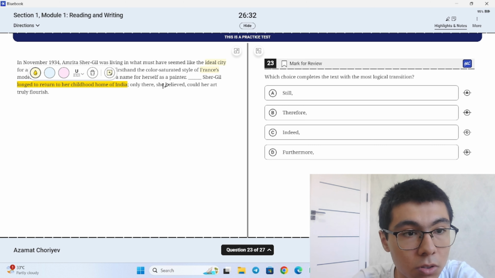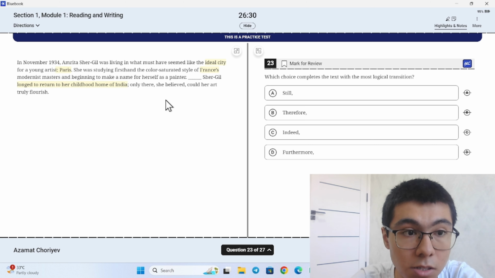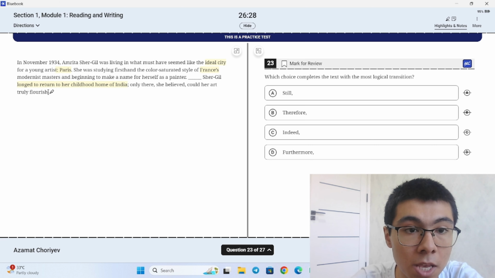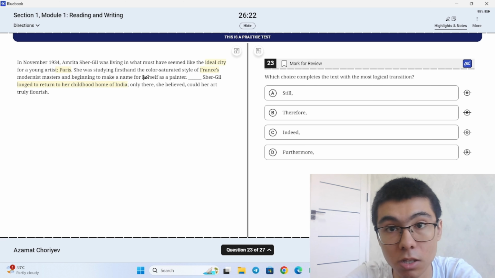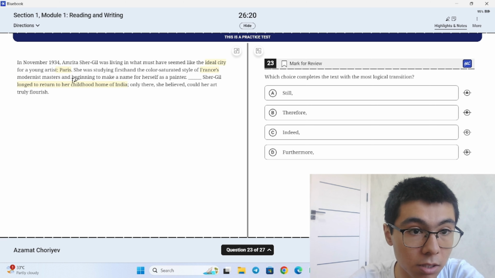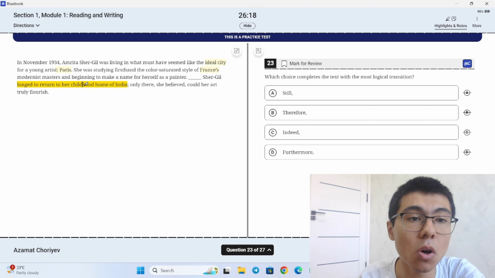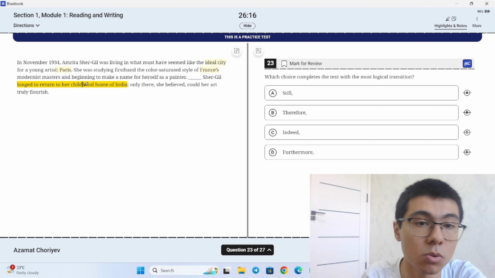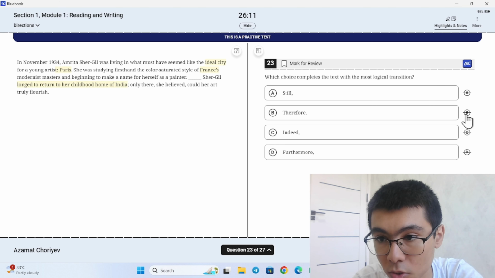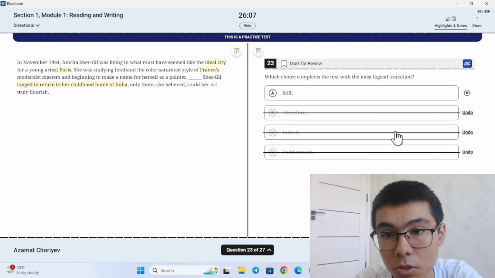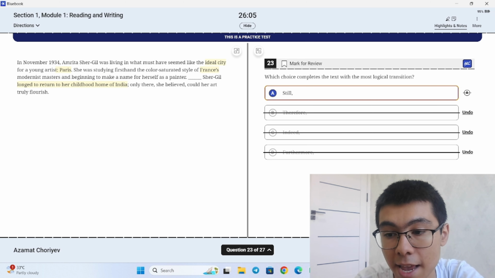Only there, she believed, could her art truly flourish. So there is a contrast. She was studying in France and she was a painter in France. But after that, she still longed to return to India. Therefore doesn't represent contrast. Indeed, no. Furthermore, no. The only choice that tells the contrast is A.